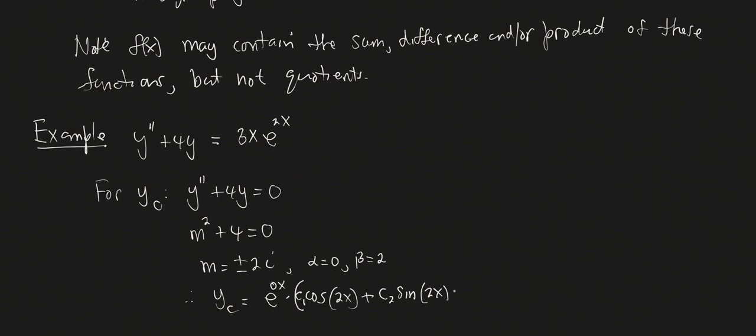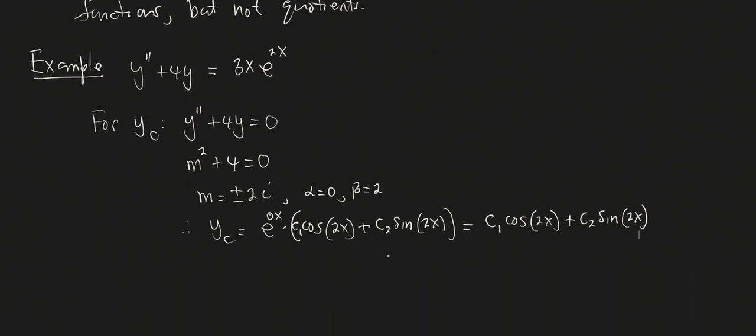So there we go. Obviously, with alpha being equal to 0, then the e to the 0 here is 1. So our complementary function simplifies to c1 cosine of 2x plus c2 sine of 2x, right? So there's our y sub c.